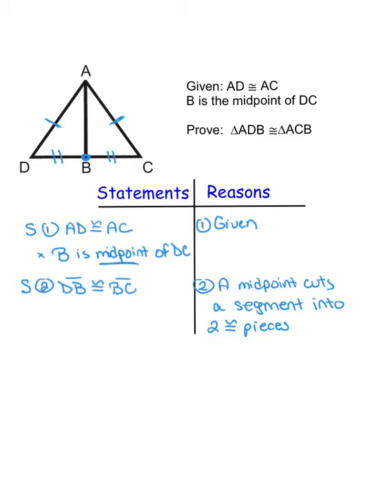I want to prove this triangle is congruent to this triangle. So if I look, hopefully we see that both of the triangles share side AB. So the next line is going to be that AB is congruent to itself, and that's the reflexive property.